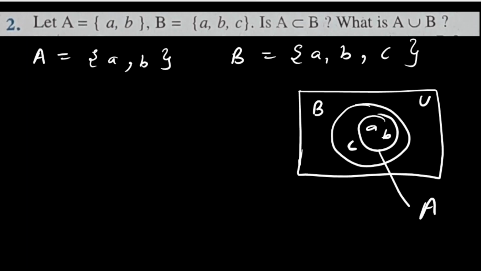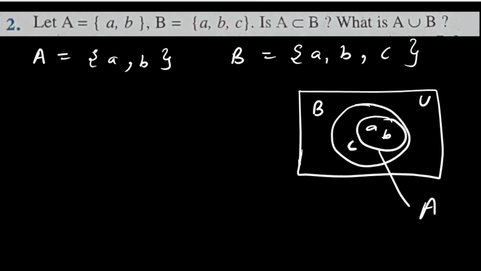This is set A. Some universal set is there, and inside that we have one set B. B's elements are a, b, c. I have marked them here. If I remove this one, you can see it like this. So B has a, b, c, and this a, b is another set A. Now the question says, is A a subset of B?